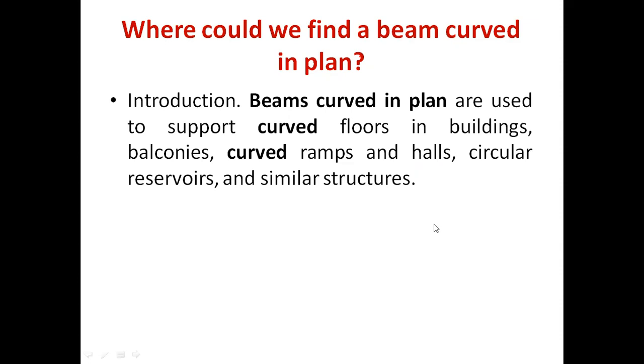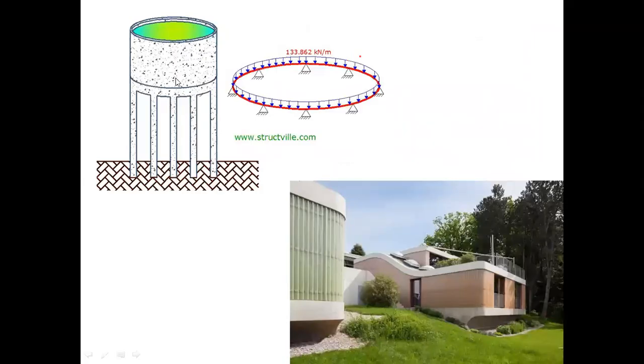Let me show the pictures one by one. See, this is a water reservoir. Why am I calling it a reservoir? Because all overhead tanks are treated as reservoirs, since a reservoir means storage of water. We store water at a certain elevated height so we can supply the water through gravity.